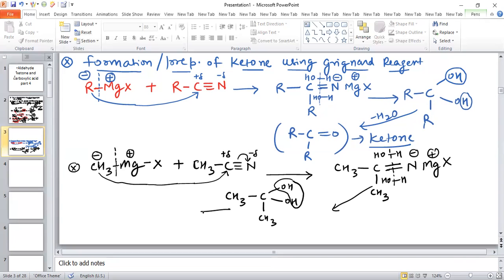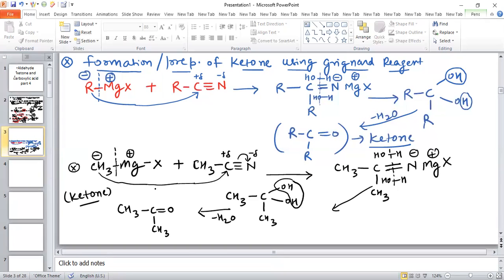So we can say the product obtained is water. Now you can easily identify the product obtained is CH3, C, CH3, and double bond O. So ketone is obtained as a product in this case. So this is the way you can prepare ketone.